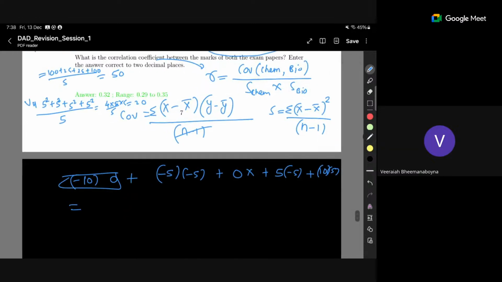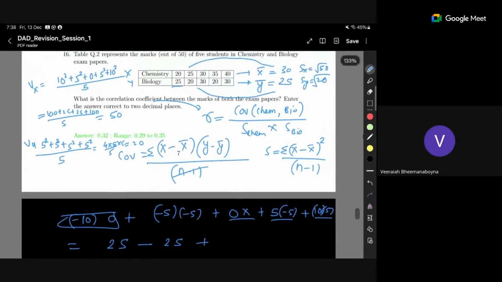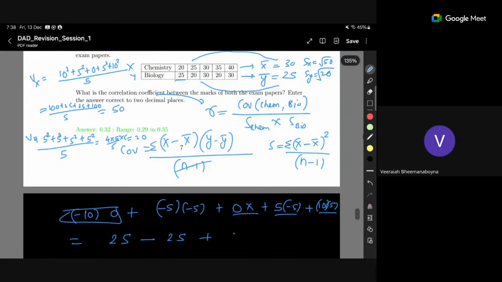This will become 0. This is also 0. So we have 25 minus 5 into 5 is 25, minus this is also 25, plus this is 10 into 5, right? So that is 50. So you will get 50 as a sum.